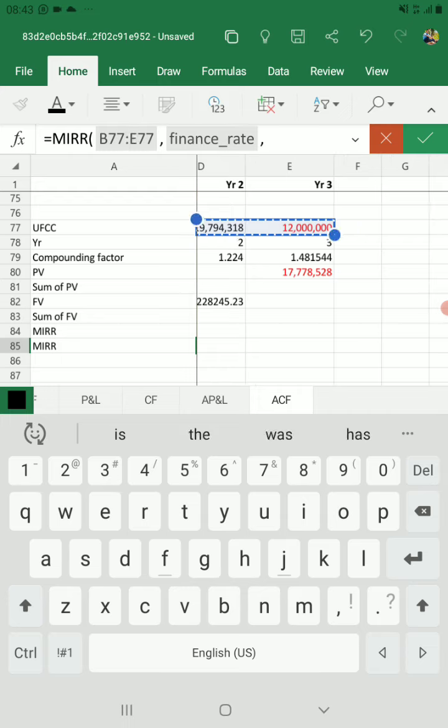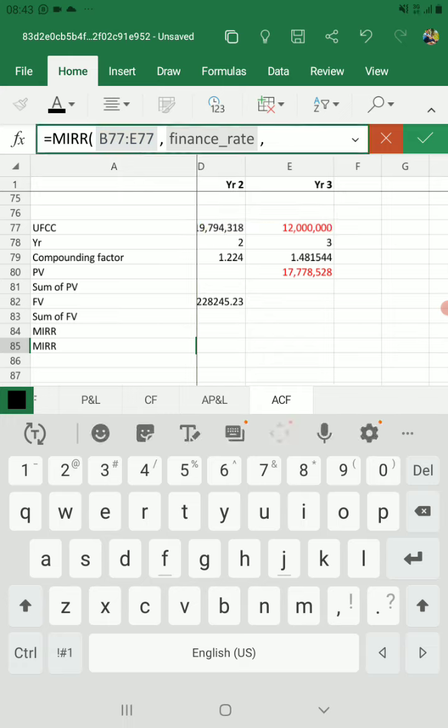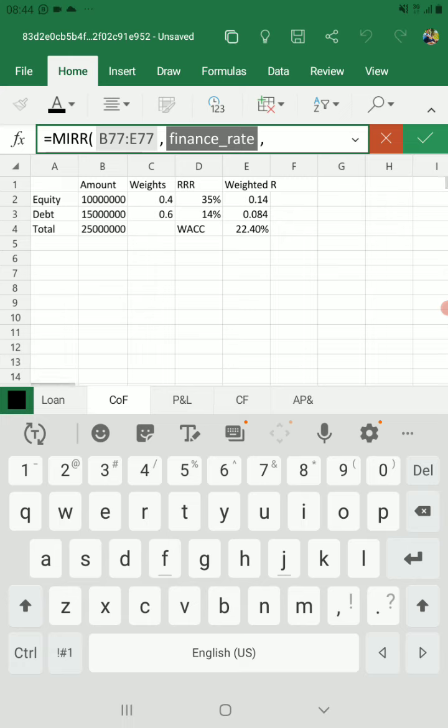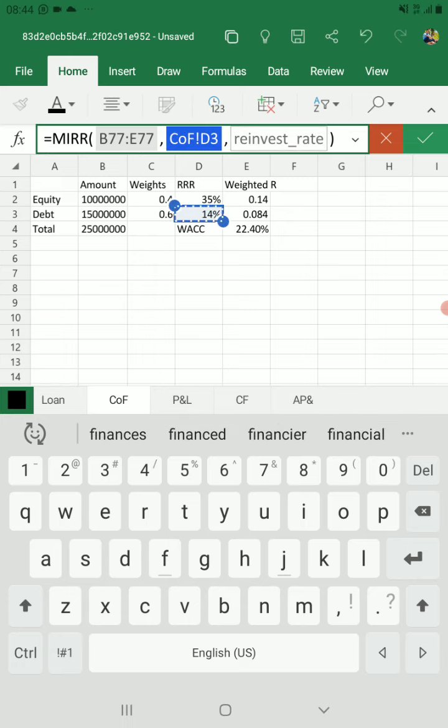Then click on the finance rate in the formula bar in order to input the finance rate that discounts future negative cash flows to bring them to the present value. So I click here on the finance rate and then pick our finance rate from our cost of finance sheet here, which is this one, the effective after tax cost of debt, or effective debt rate.